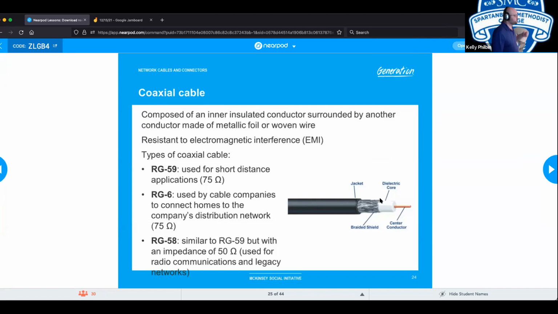And then you have the RG6, which is much thicker, much harder to bend, much more robust cable. And that's used by the cable companies to connect the homes to the distribution network. So that's the stuff that's outside on the telephone poles. The RG59, RG58 would be from the pole or internally in the house, essentially, or the office.